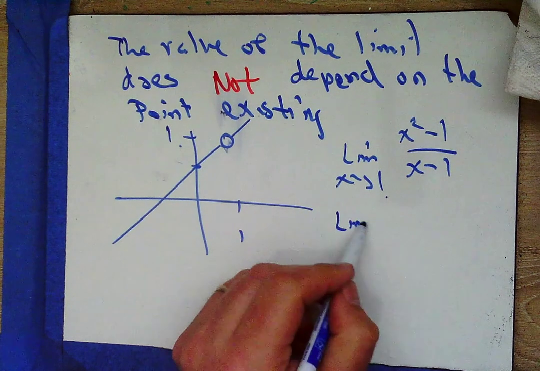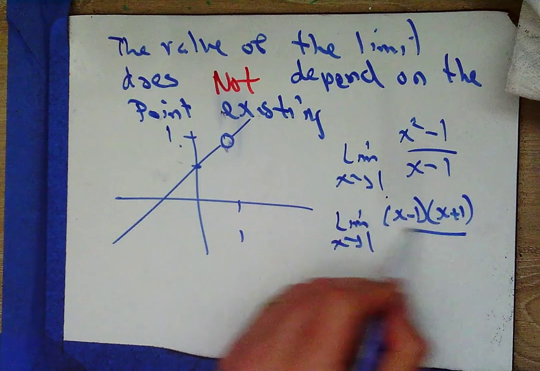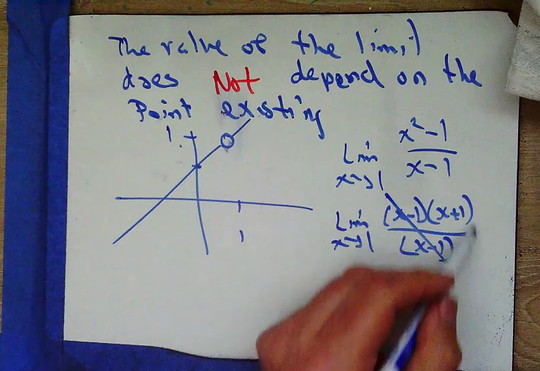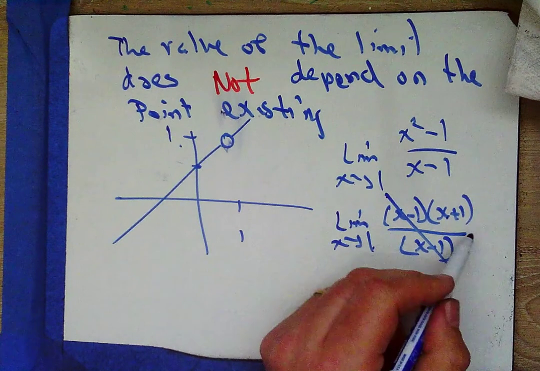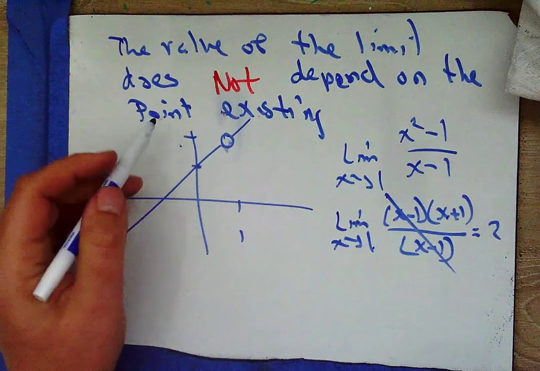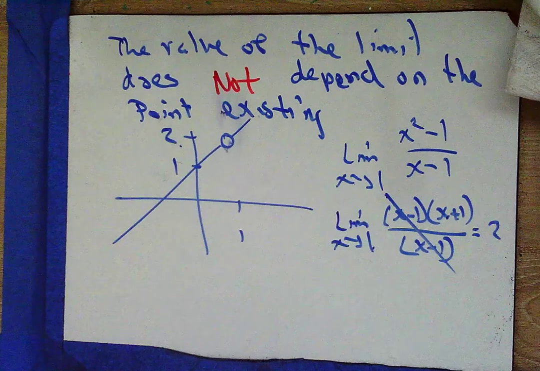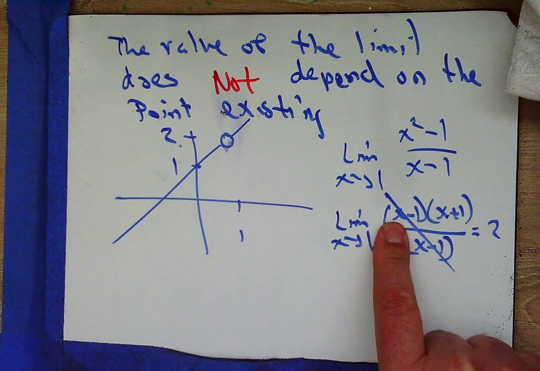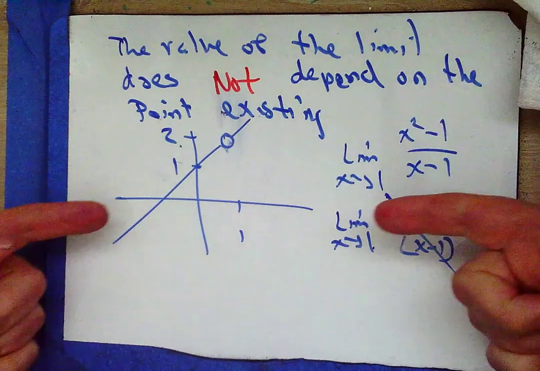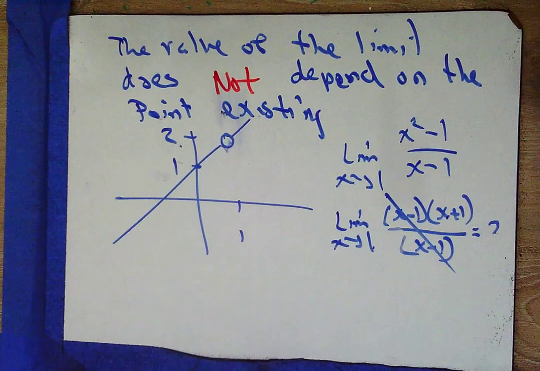If I do some algebra, I can cancel. And now this simplified expression does allow me to do direct substitution, and so I get 2. Does the point exist? No, we've got a hole in the graph there. That doesn't mean the limit can't exist. As x approaches 1 from both sides, the y values are approaching 2.